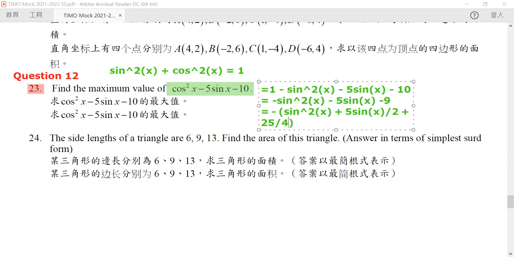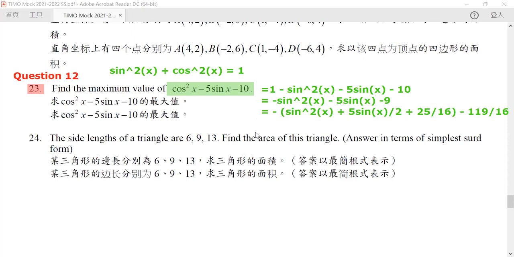No, it's 25 over 16. And hence, because we subtract this, we need to add back to our constant in the front. So it would be equal to 9 times 16 minus 25, so it would be 119 over 16.